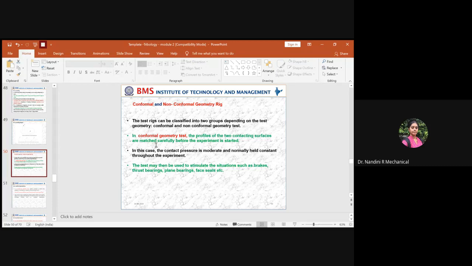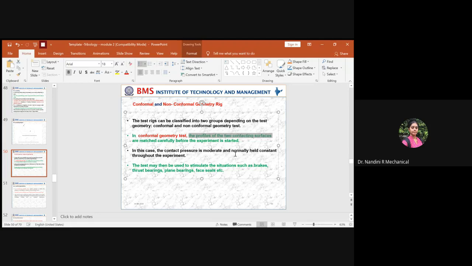So first we will deal with the first one, which is called the conformal geometry test. So what does this indicate? Here the profile of the two contacting surfaces are matched carefully before the experiment is started.